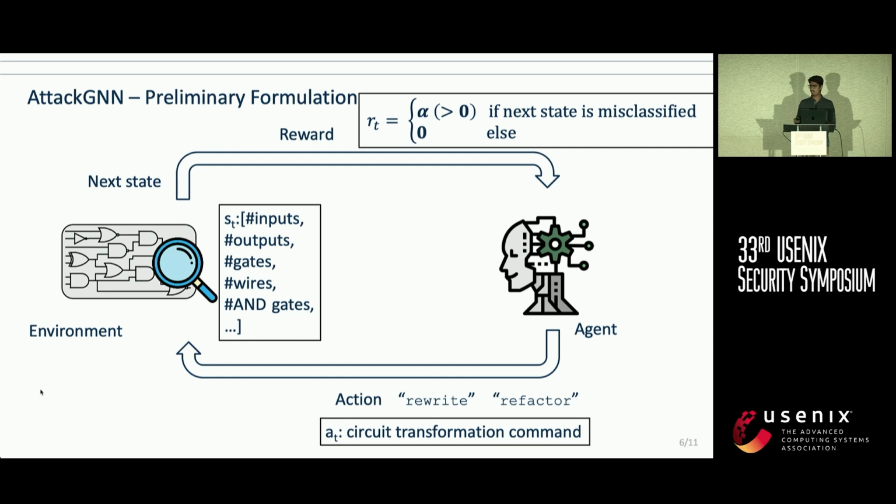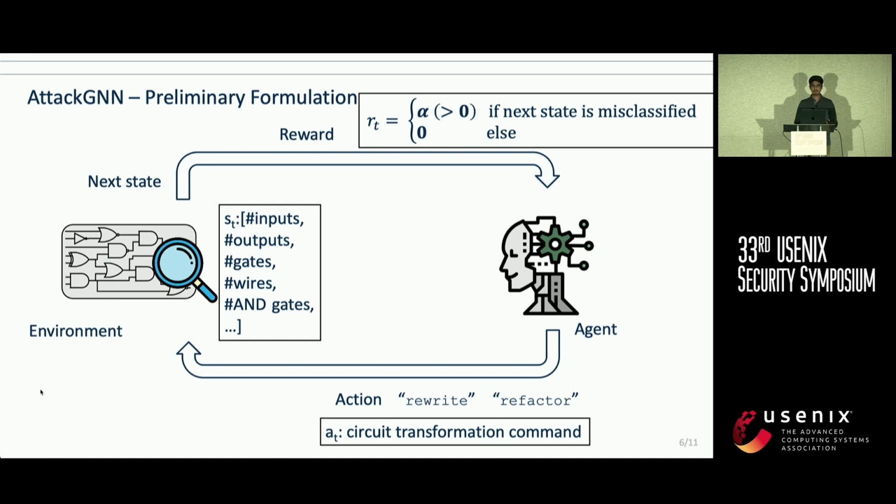So that's how we define the action: circuit transformation commands that can alter the structure of the circuit without changing its functionality. And finally, we define reward. It's trivially defined based on how well the adversarially perturbed circuit does. If our perturbed circuit is able to evade detection or result in misclassification, we give it a positive reward, which is alpha in this case. Otherwise, we give it a 0 reward.